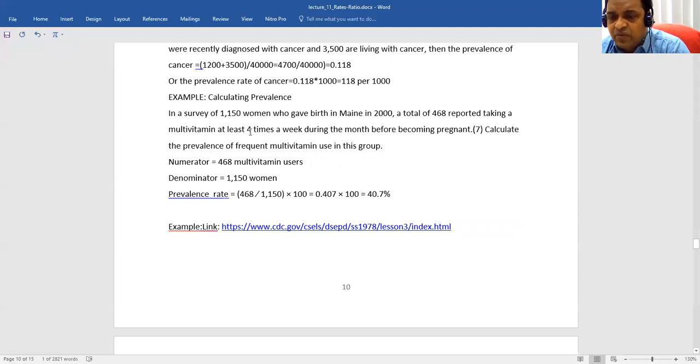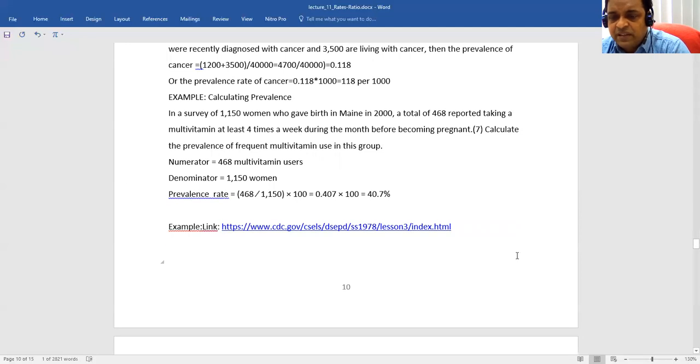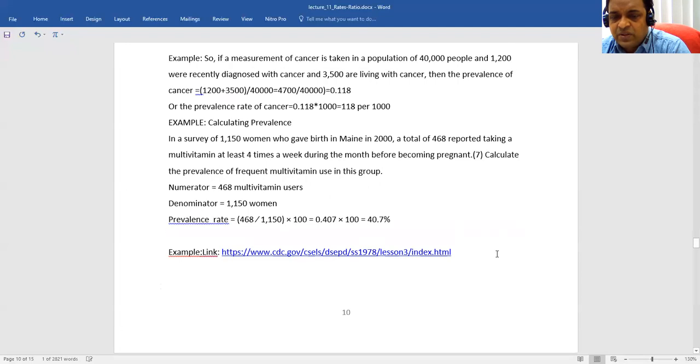So how many women take the multivitamin? 468 out of 1,150. You will get 40.7%. So here is the prevalence rate of taking multivitamin. This is another way you can get it.